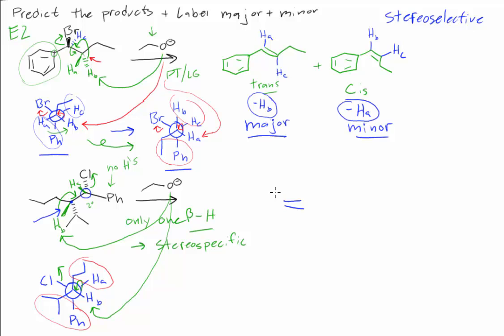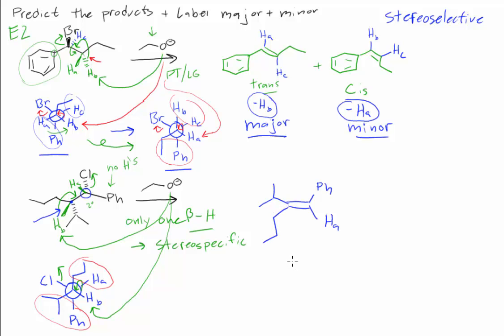Let's try that again. So I like to start by drawing my alkene just basically straight across. And then I have isopropyl, and on the other carbon I have phenyl on the same side. And then I have HA attached to the carbon that has phenyl, and I have the propyl group.